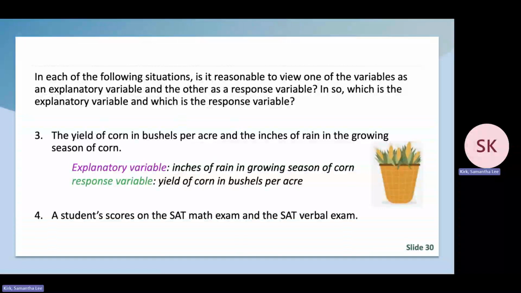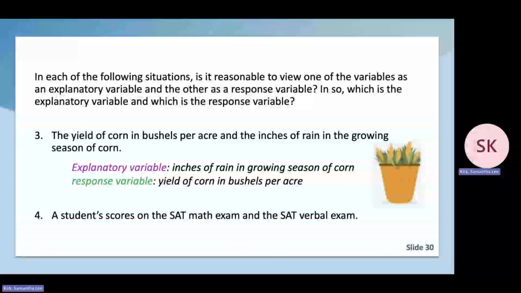Now for the last problem, a student's scores on the SAT math exam and the SAT verbal exam. I wouldn't think that your math scores would influence your verbal scores or vice versa. I would think that those would be separate.